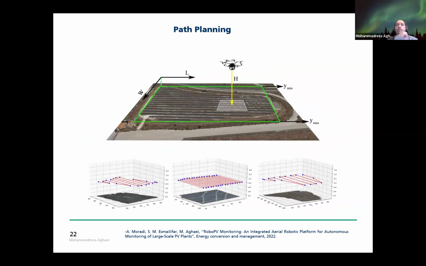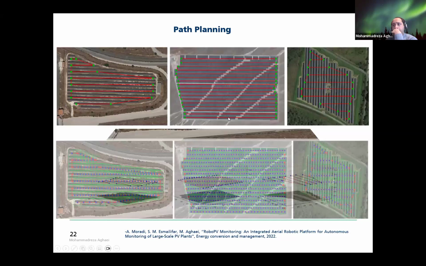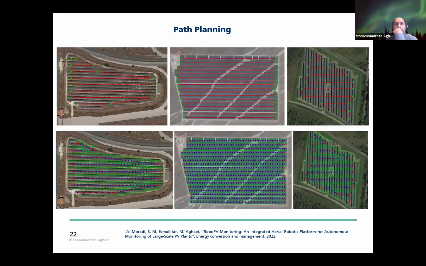In autonomous aerial monitoring of a PV plant, the drone must fly over a set of waypoints which cover the whole area of the plant. It is essential to have a specific path planning algorithm to create the optimal paths for the PV plant aerial inspection, so that's why we developed this unit for RoboPV. As you can see here, different plants have different path planning models, based on the waypoints we can detect from each plant.